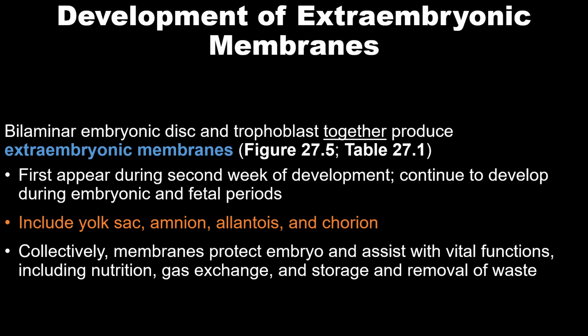Now, these extraembryonic membranes we're going to talk about are the yolk sac, the amnion, and the allantois, as well as the already discussed chorion. And we're going to look here at a figure that shows these membranes in their development.